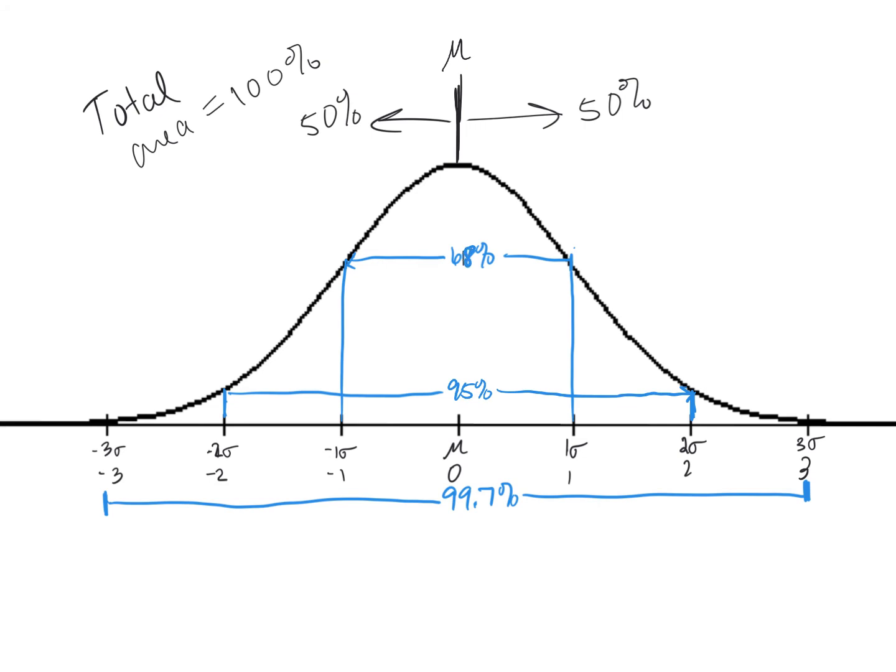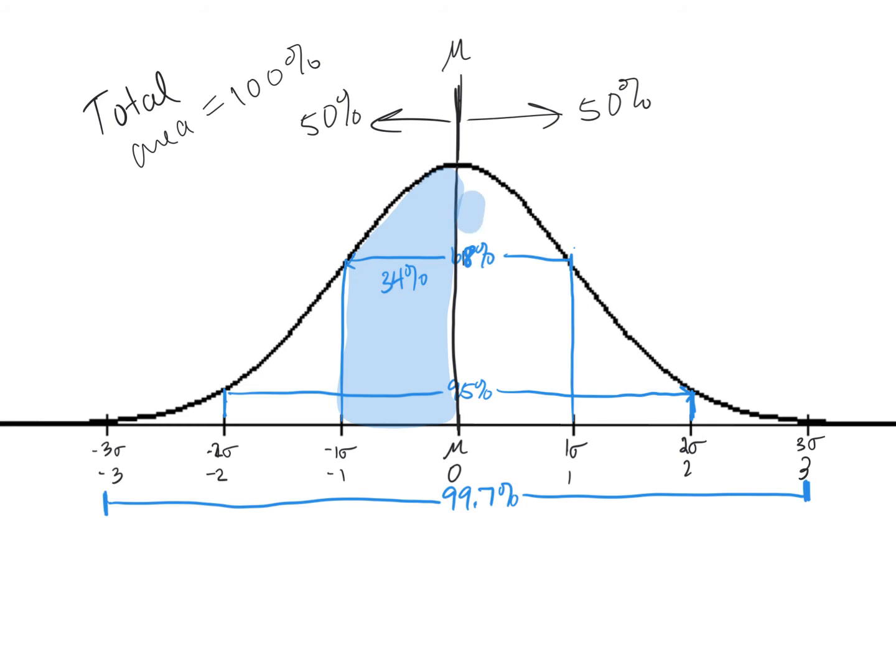Now, if 68% is the middle, between 1 and -1 standard deviations, if I divide that in half, the blue area here has to be 34%, half of the 68%.